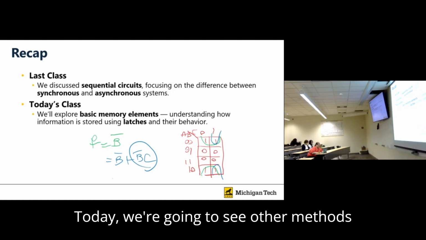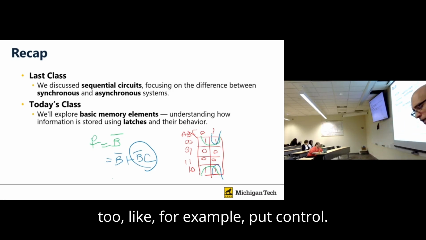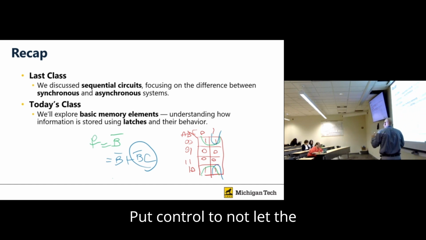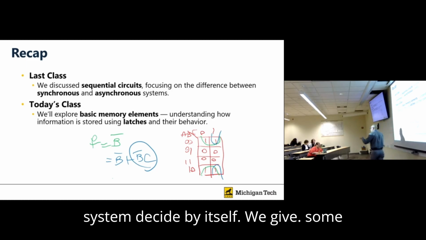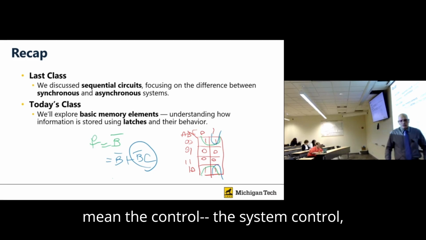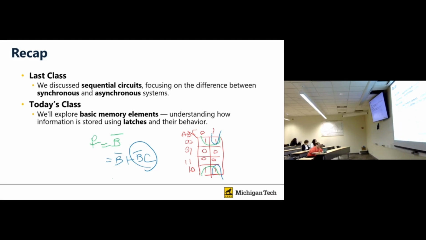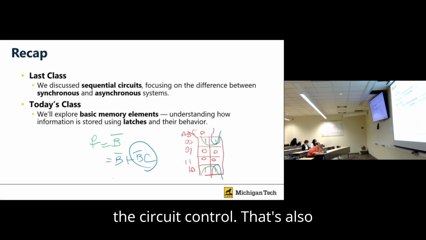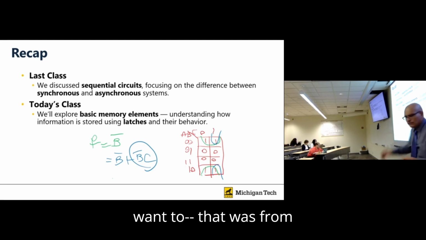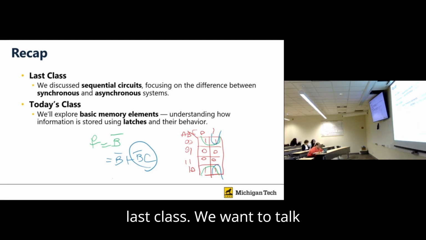Today we're going to see other methods too, like putting in control so the system doesn't decide by itself. We give a specific time, and the circuit control decides. That's also possible. That was from last class.